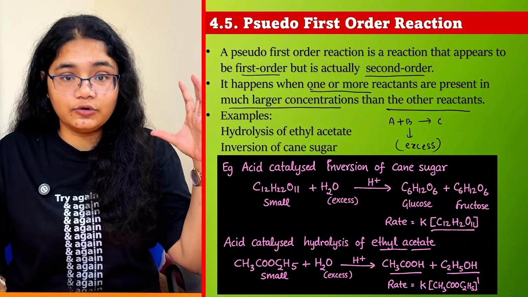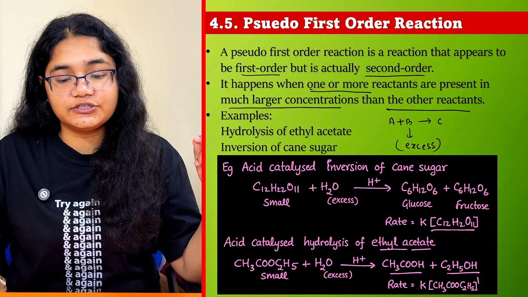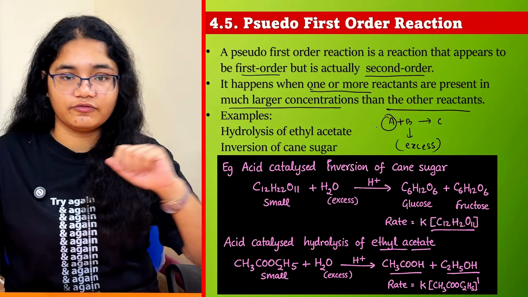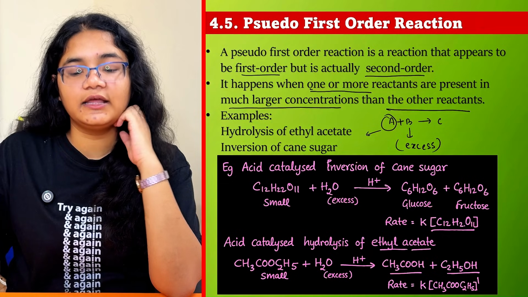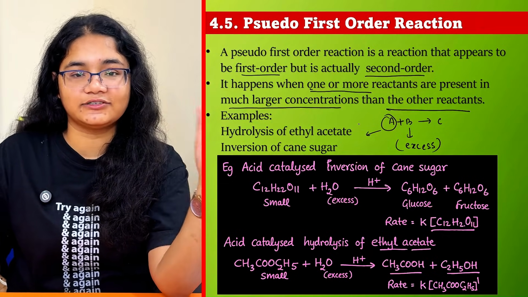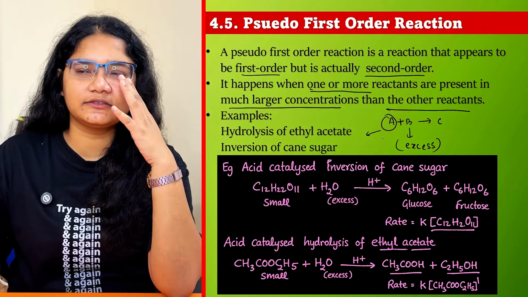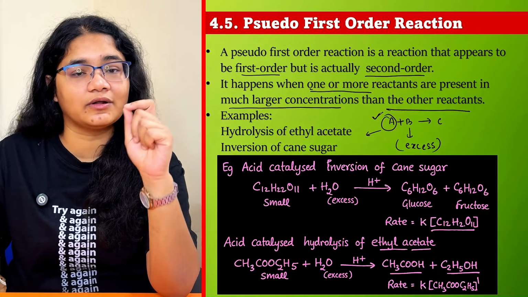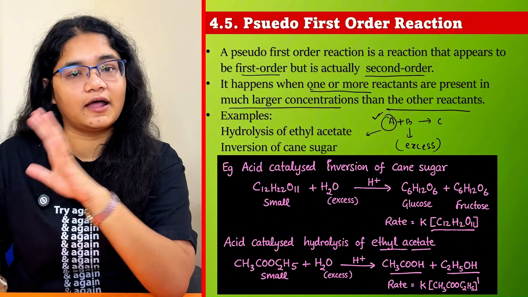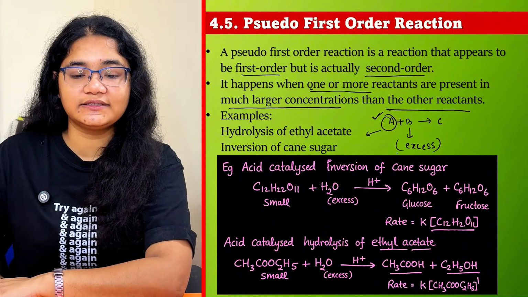But the concentration of A is actually affecting the rate. Even though both are responsible, if you change A, the rate of the reaction changes, but not with B. So it appears to be a first order reaction, because the rate is determined only by the concentration of A and not B, but it is actually a second order reaction.